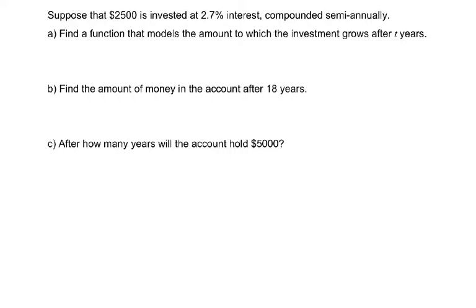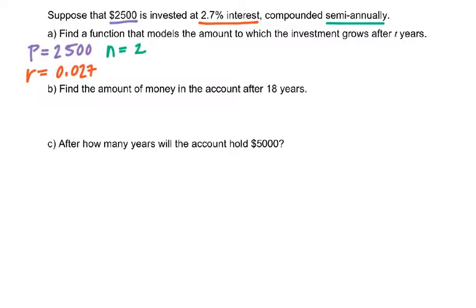So suppose we have $2,500, that's what we start with, invested at 2.7% interest, compounded semi-annually. So what I'm getting from this is that I know my P is 2,500, my interest R is 0.027, and the number of times compounded semi-annually will be 2.